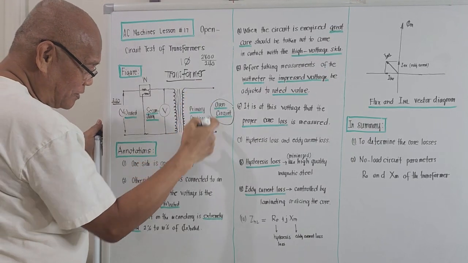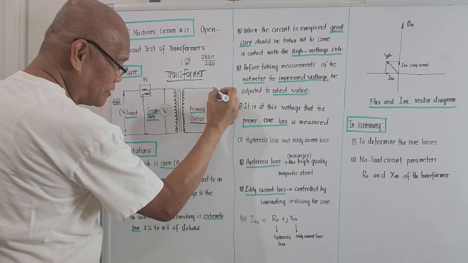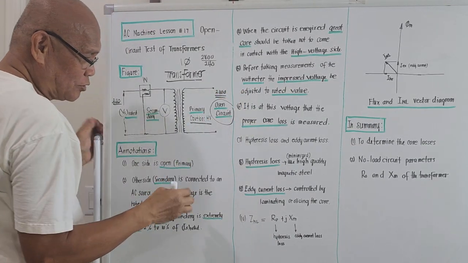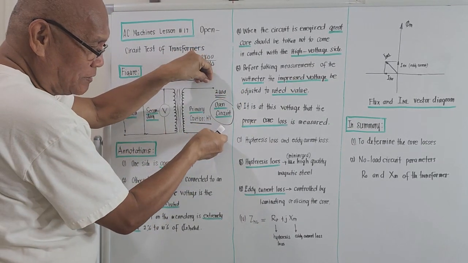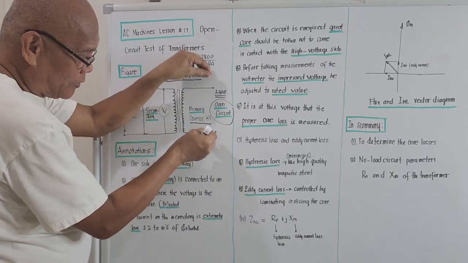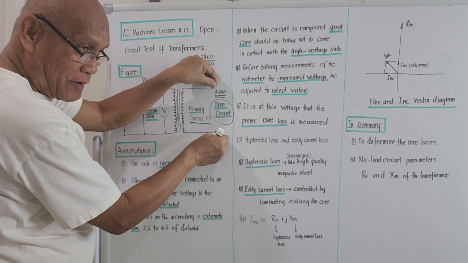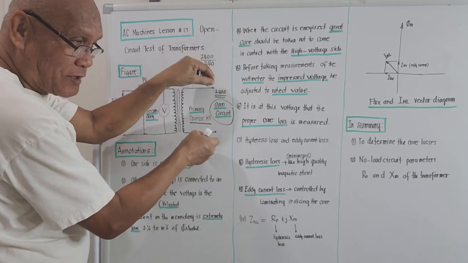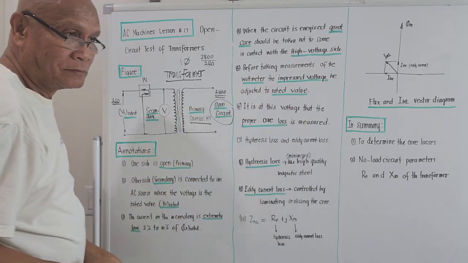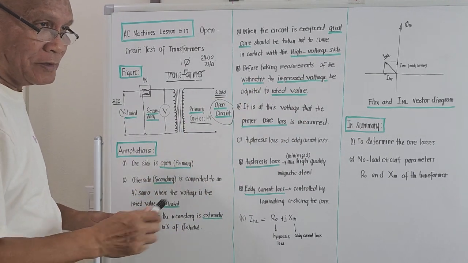The primary side is open, so if there is a load over here, the voltage is 2400. Just in case you touch this one, if you apply 240 here, whether you like it or not, there should be 2400 over here. So you are touching 2400 volts and you will be electrocuted. You are dead immediately.